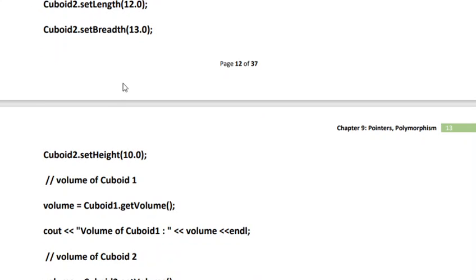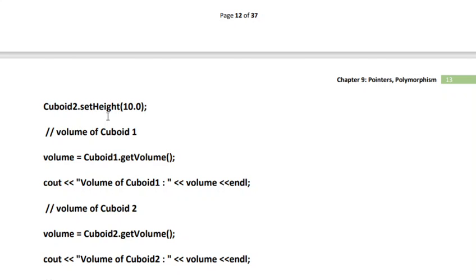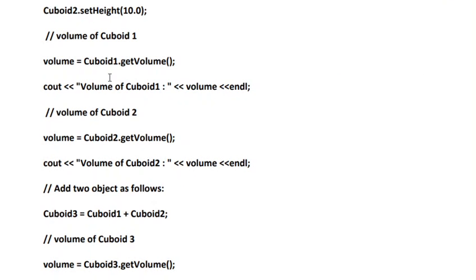Then I have determined the volume of cuboid 1 and cuboid 2 using the get volume function, which determines the product of length, breadth, and height. Subsequently I printed the volume of cuboid 1 and cuboid 2 as well.